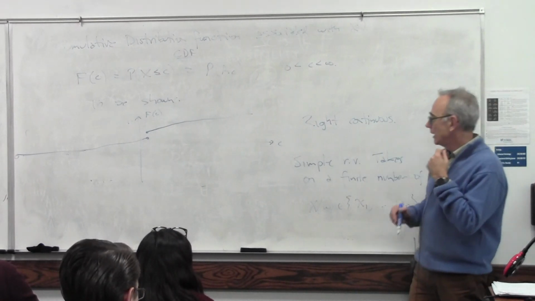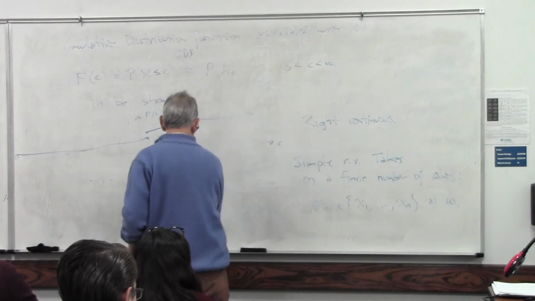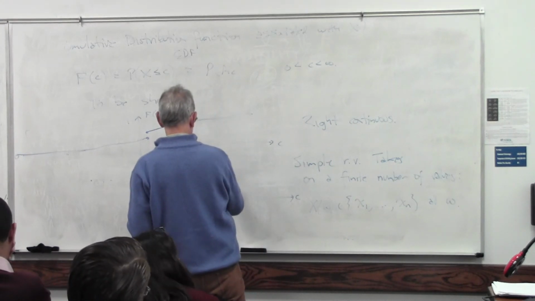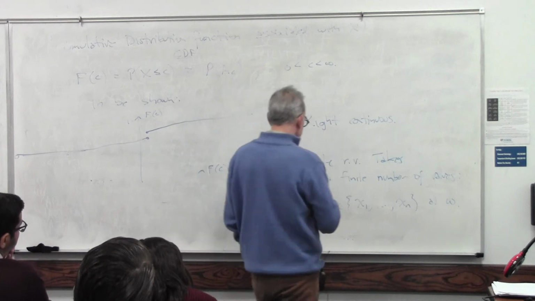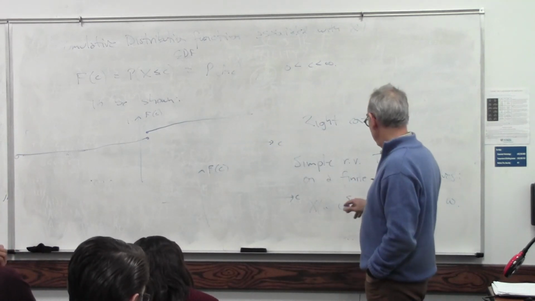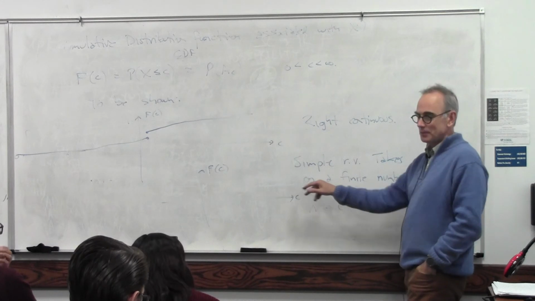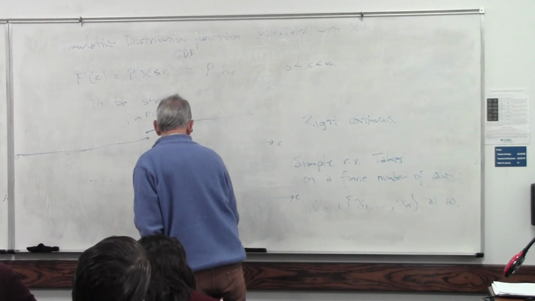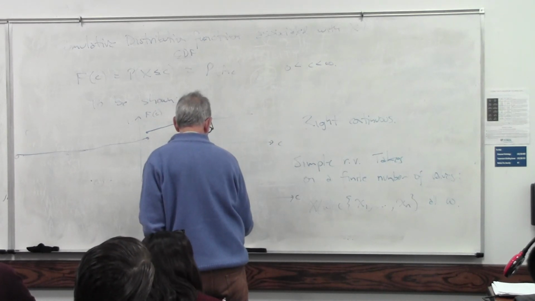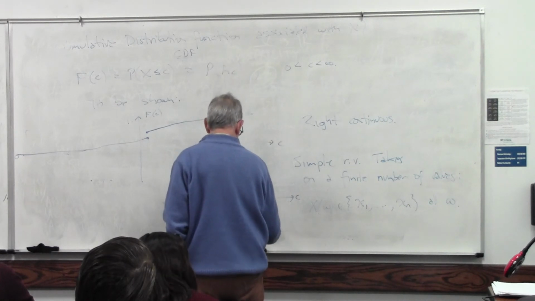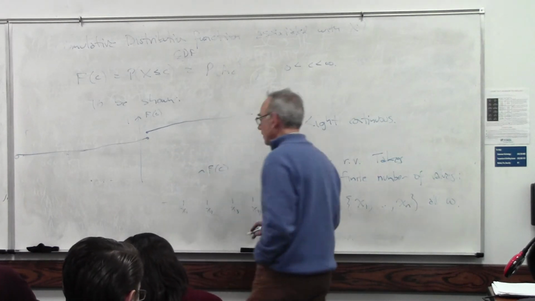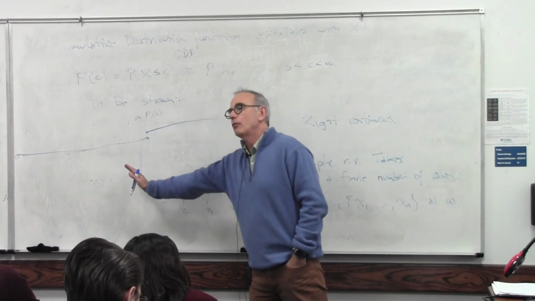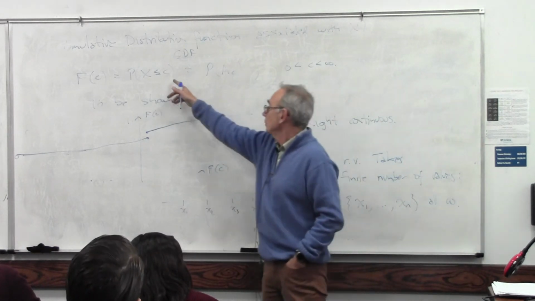And so what does it look like in that case? You just basically mark on the c-axis these locations. To make it easy on myself, n equals 4, so there are 4 locations here. And you look at any c to the left of x1, the probability of being less than or equal to that value is 0.